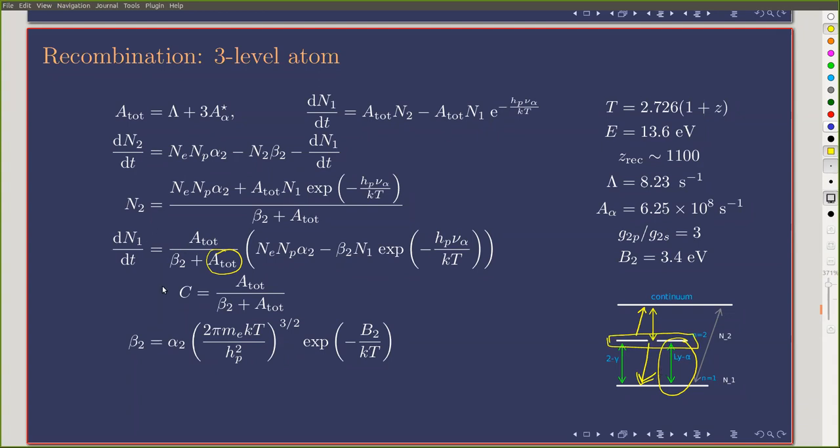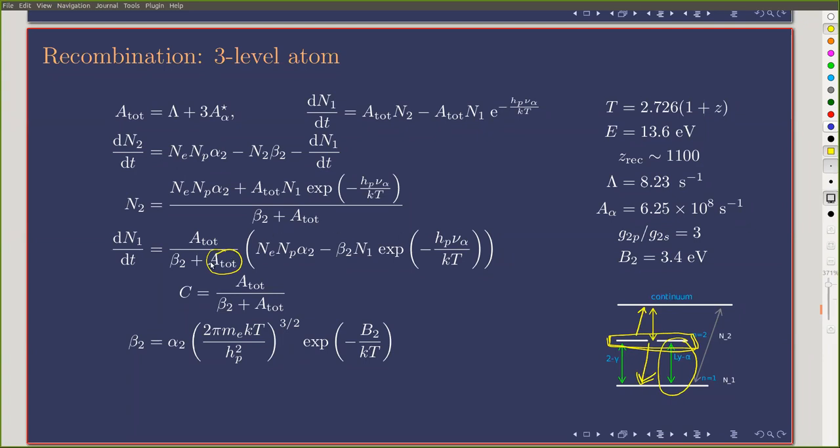However, this inhibition is the factor which takes into account that that is not always the case. Whatever recombination takes place to the first excited state, only a fraction of it will transition to the ground state, and the rest will get excited again, because the rate of the transition to the ground state is not large enough.